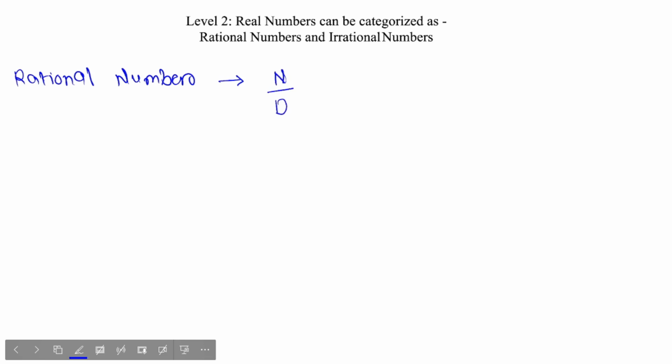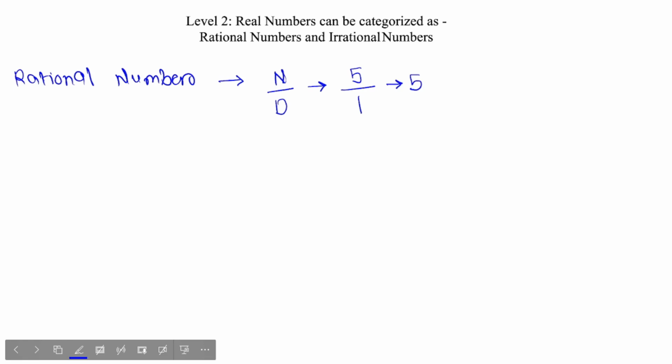Let's indicate the numerator by n and the denominator by d. If a number is represented as 5 upon 1, here 5 is the numerator and 1 is the denominator. But we all know that if 1 is in the denominator, the number comes out the same as the numerator, which is 5.